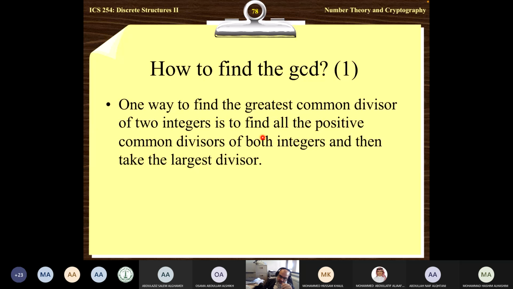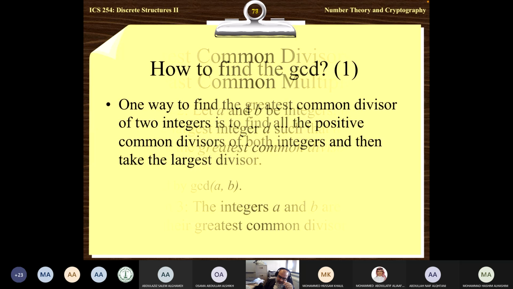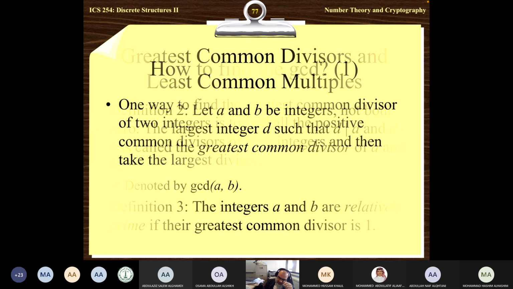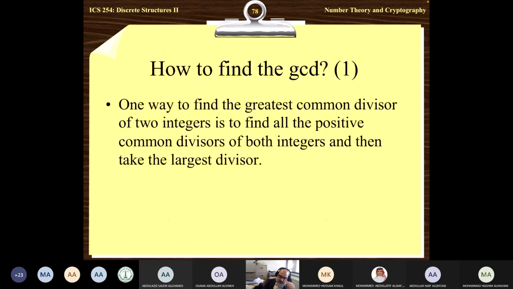For example, let's look at the example that I gave, 36 and 28. What divides 36? Well, 2, 4, 9, 18, and then 36. What about 28?